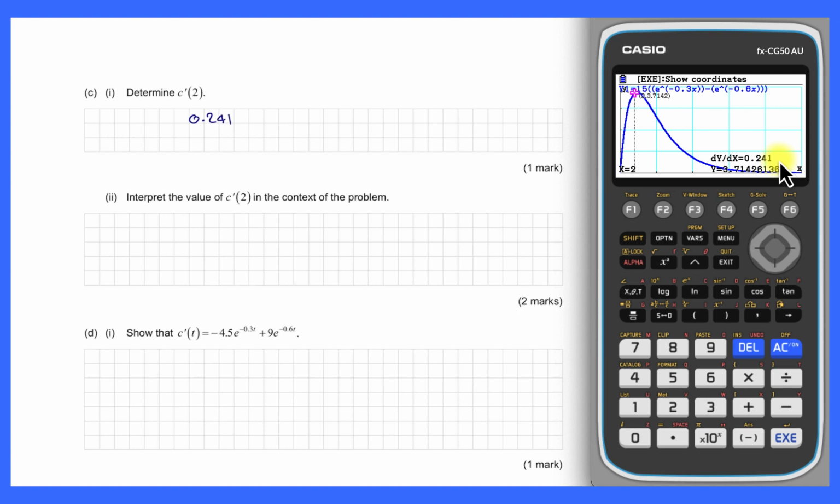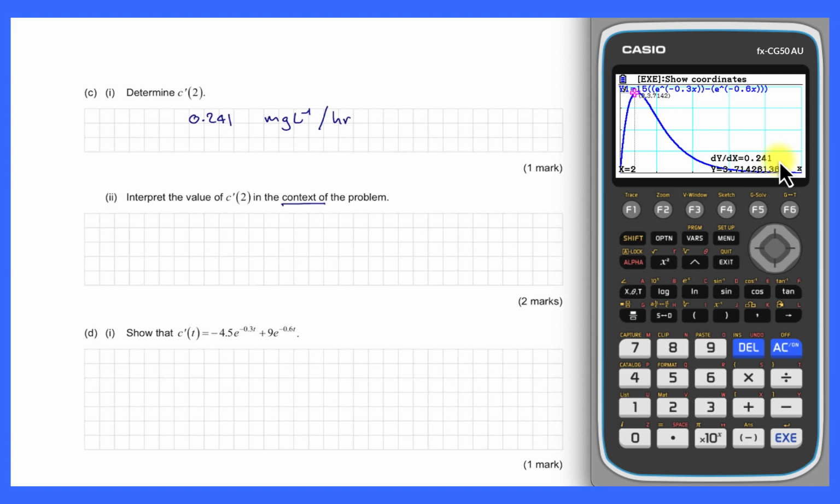And the units for that is milligrams per litre per hour, because it's a rate. I hope the physics people can forgive me for my unit representation there. Now the interpretation. And the key here is that we're interpreting this not as a gradient of a tangent or some other valid statement, but we're interpreting it in the context of the problem, so we need to make sure we talk about caffeine.